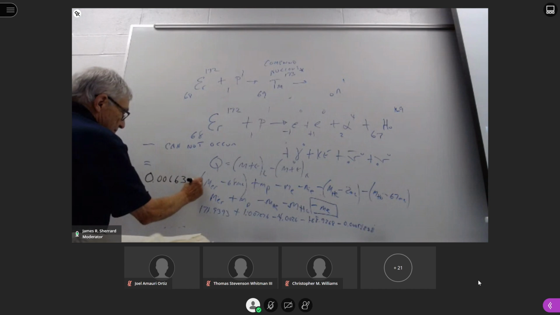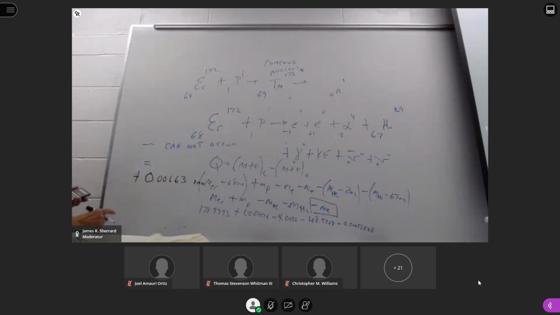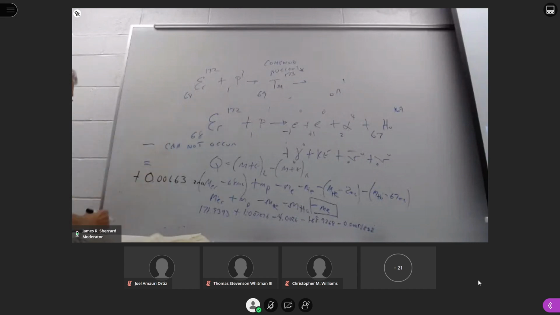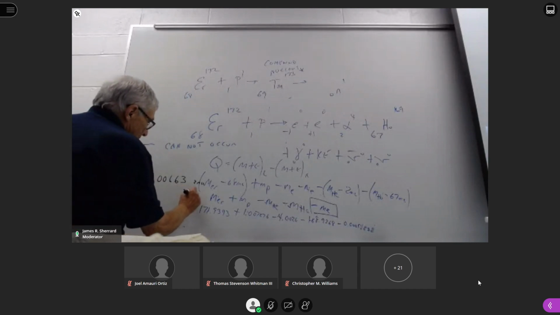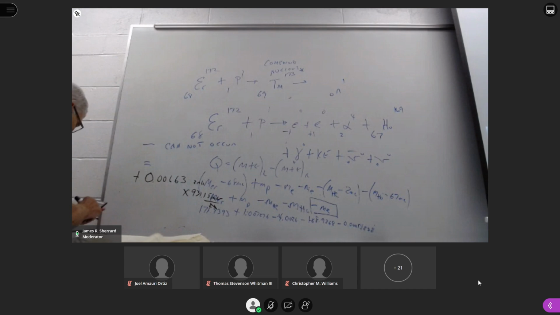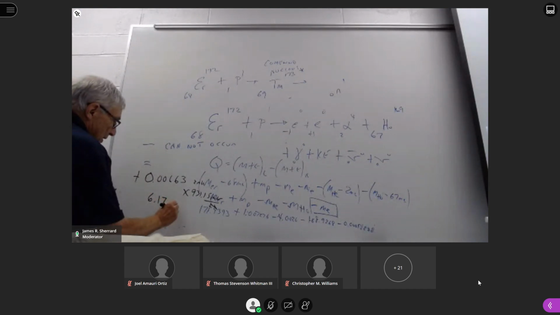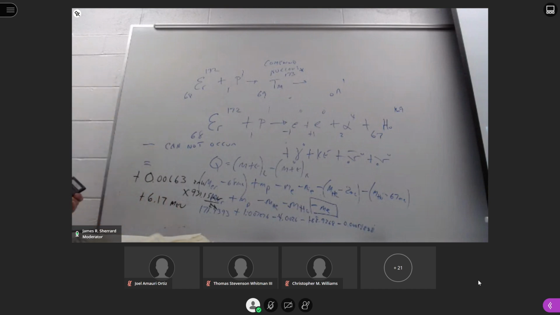It is positive, so this can occur because this is positive. And if you multiply this times 931.15, and you cancel, I get 6.17 MeV plus. So that tells me this can occur.